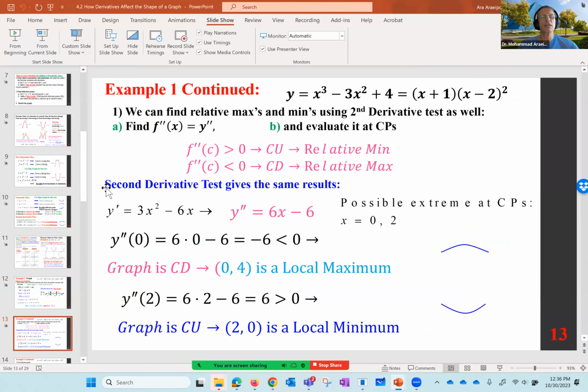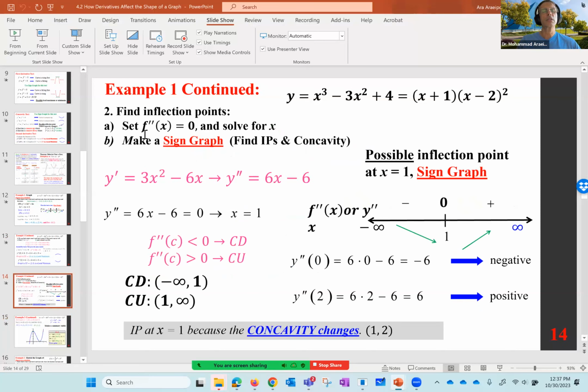I did the second derivative test, and I'm going to emphasize again and again, you don't want to use that for graphs, but it's a wonderful tool for applications because you don't have to do the sign graph. So it gave us half of the information we had in the previous page.